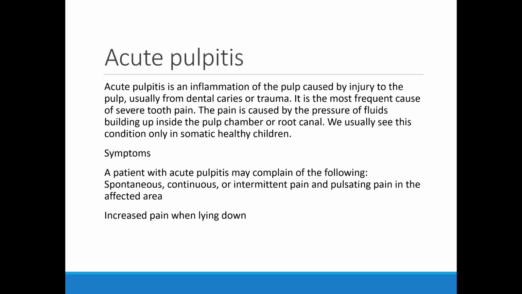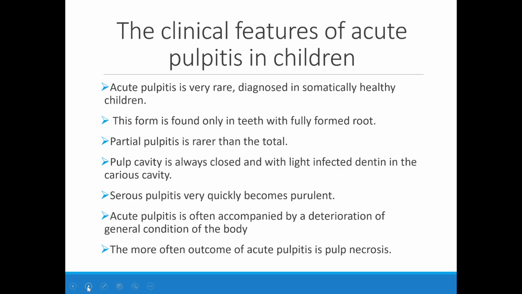What are the symptoms? A patient with acute pulpitis may complain of the following: spontaneous, continuous, or intermittent pain and pulsating pain in the affected area. Increased pain when lying down. Acute pulpitis is very rare, I told you why, because we diagnose it in somatically healthy children. This form is found only in teeth with fully formed roots.